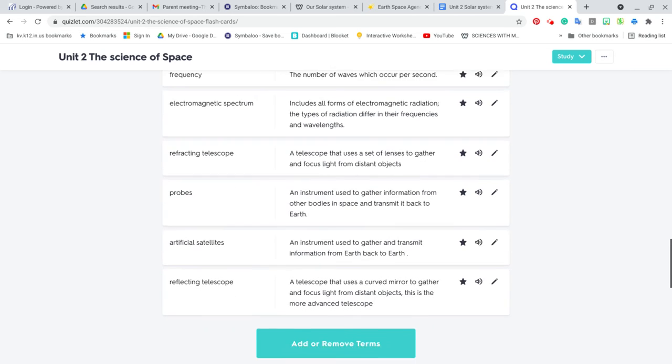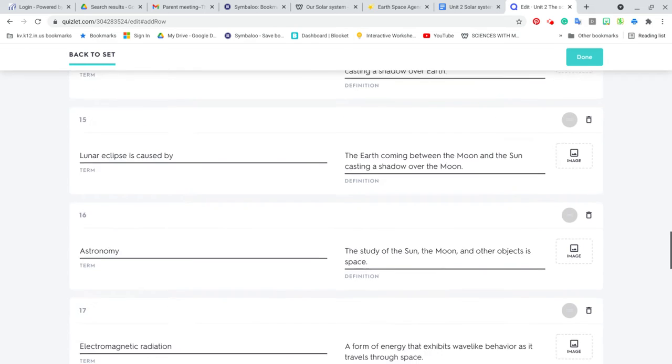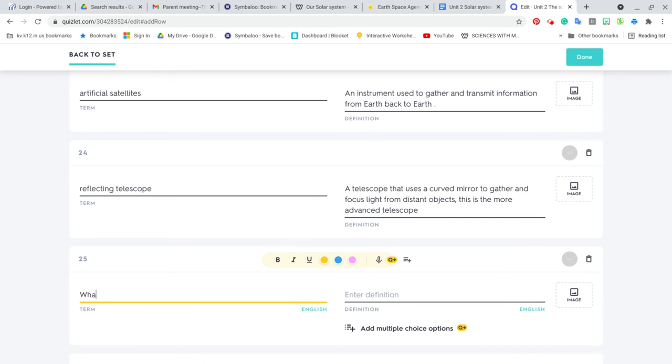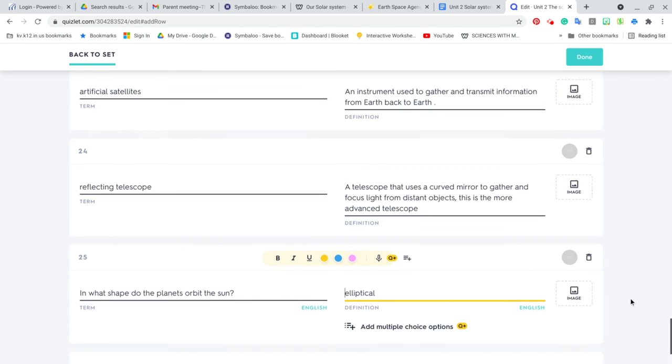Eclipse. We add it. Two planets. That one. There we go. Elliptical. There we go.